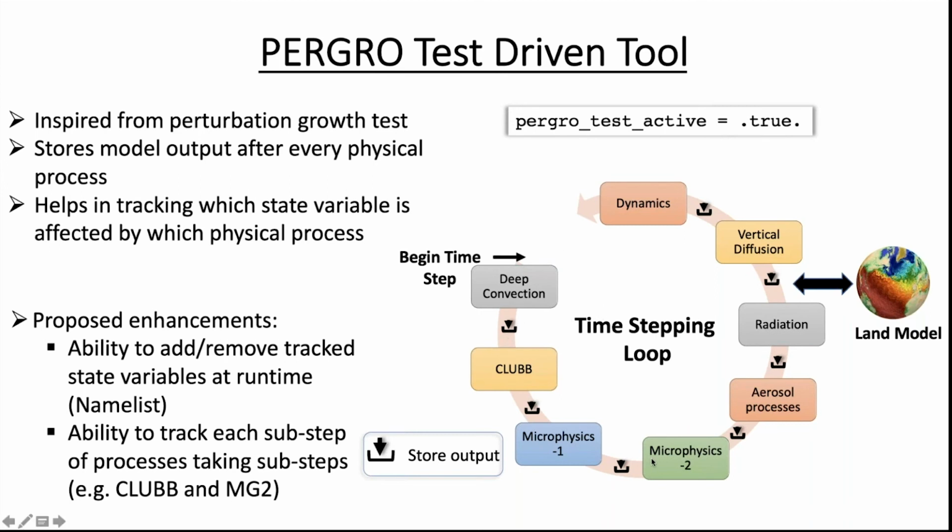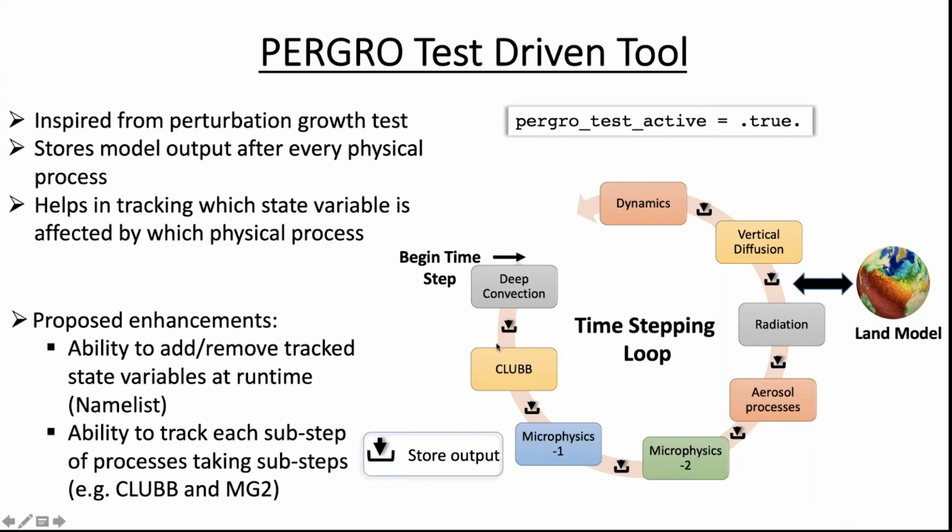What this test does is it goes through the time loop of the model. It will go through each process, invoke each process, and after each process, it will dump out the output of the state variables. So you would know the state of the state variables after each process.